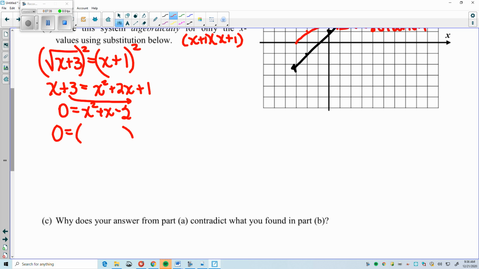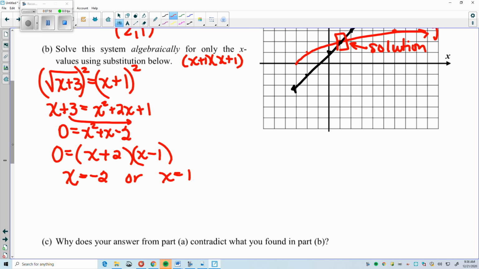I need numbers that multiply to be negative 2 and add to be a positive 1. That's going to leave us with positive 2 and negative 1. If we set these equal to 0 and solve, I'm going to get x equaling negative 2, or x equaling 1. At the top it just said we are only solving for the x value, so we're just going to stop right here.